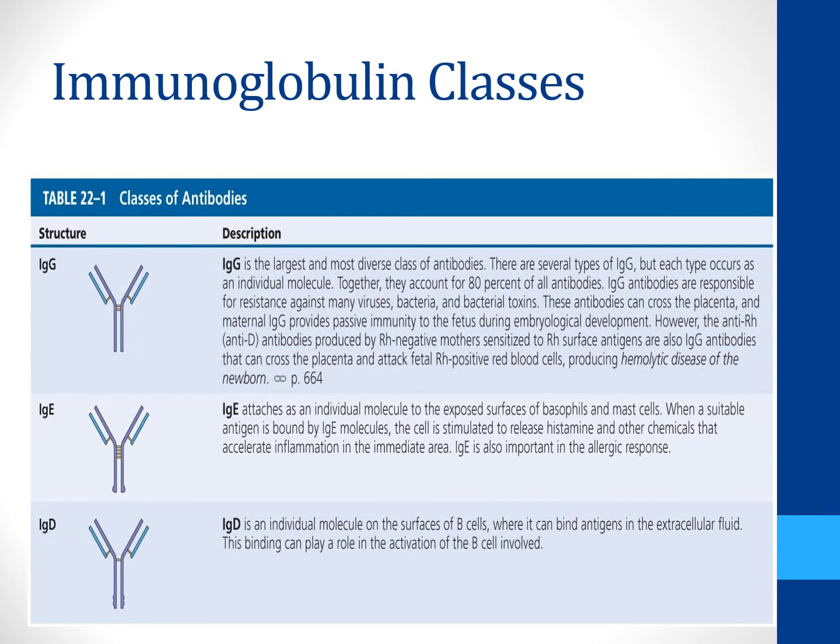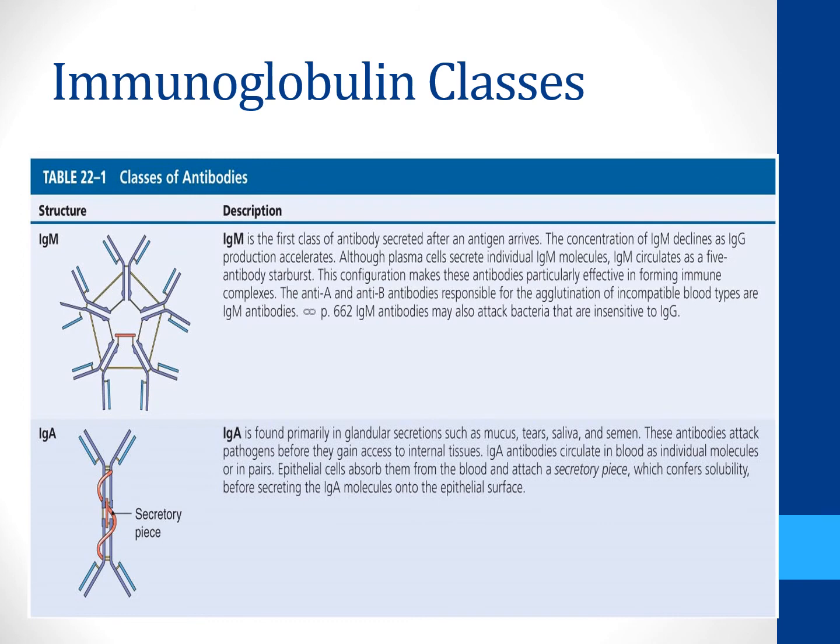IgD antibodies are on the surface of B cells where they can bind antigens in the extracellular fluid, and this plays a role in the activation of B cells. So IgD helps to sensitize or activate B cells.